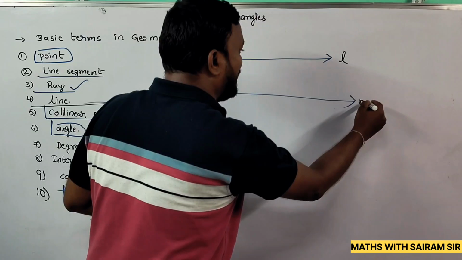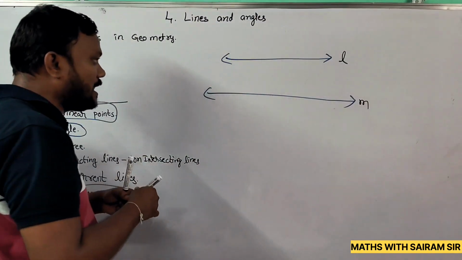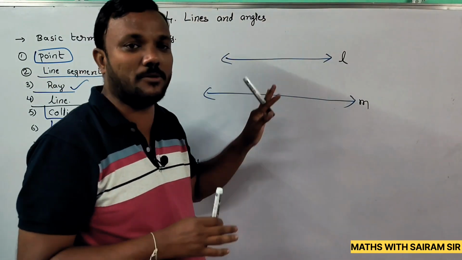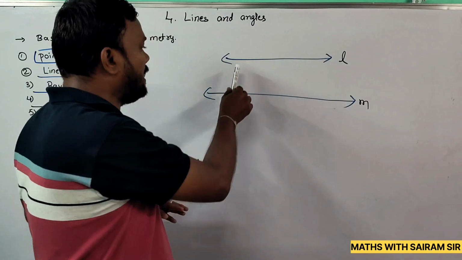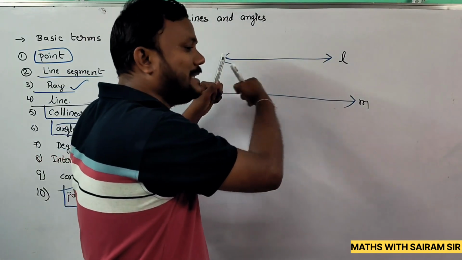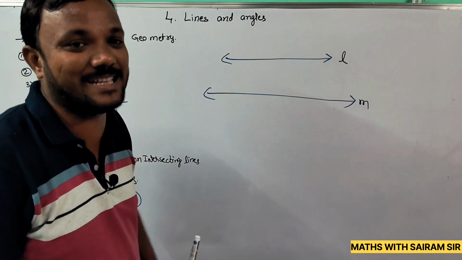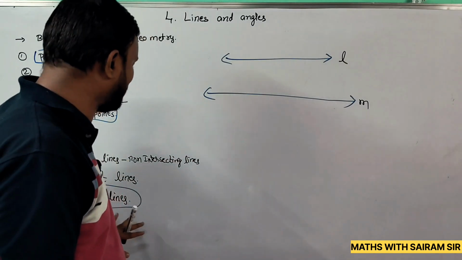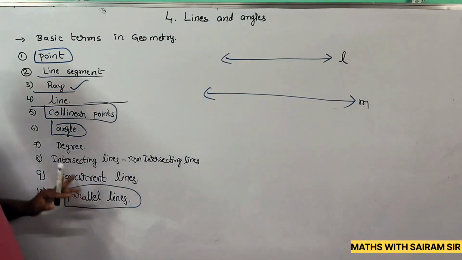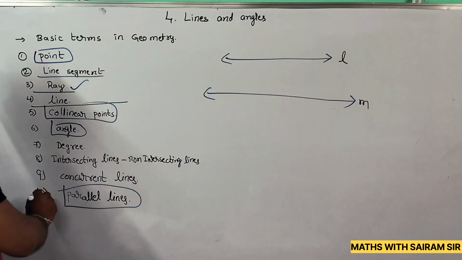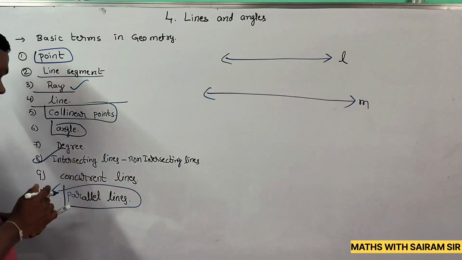Here, line L and line M do not have any common points, and even if you extend them endlessly on both sides, they won't meet each other. Such lines are known as parallel lines. Okay, this is about parallel lines, intersecting lines and non-intersecting lines.